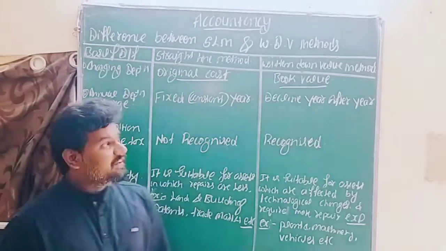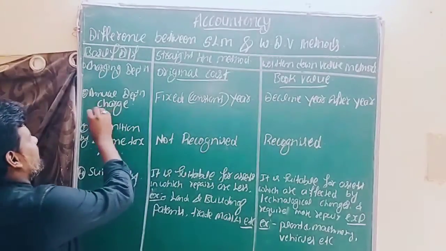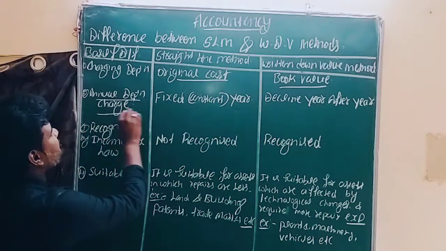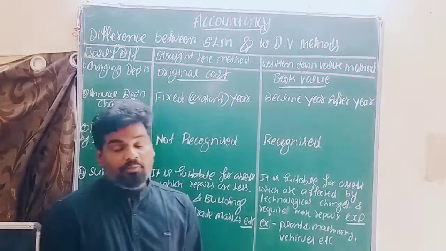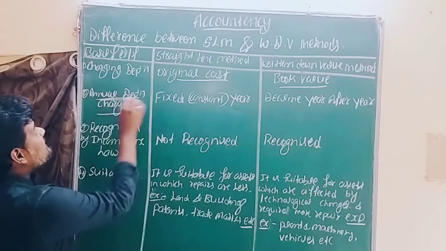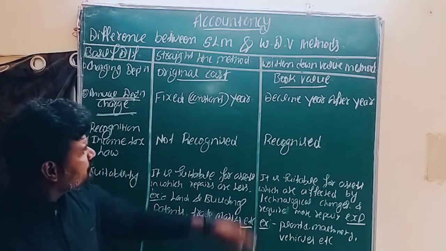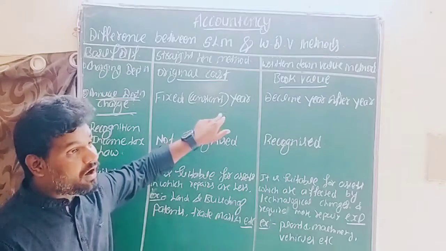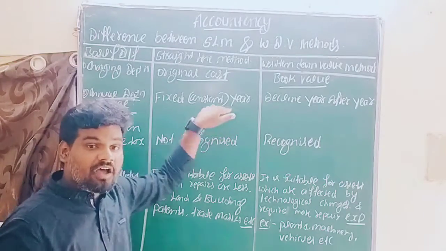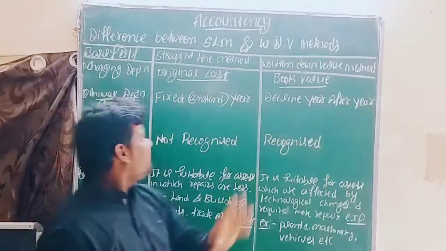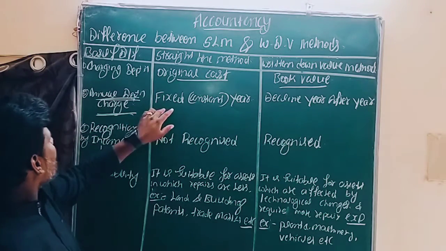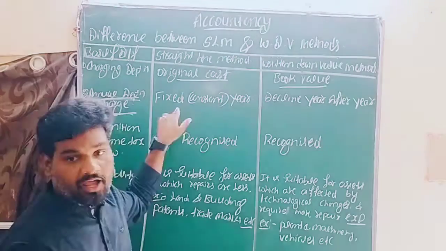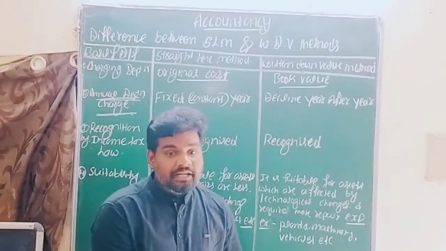The second difference is the amount of annual depreciation charge. Under the straight line method, I mean the original cost method, or equal installment method, or fixed installment method, the amount of depreciation is constant, fixed from one year to another.